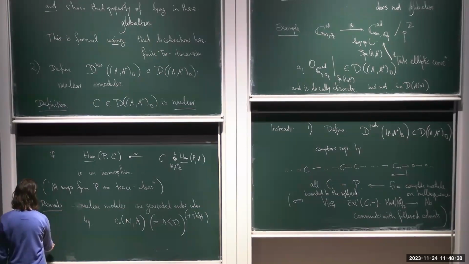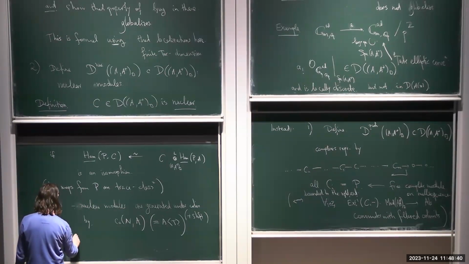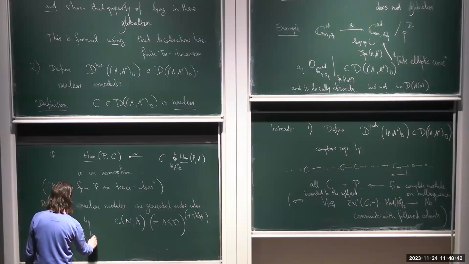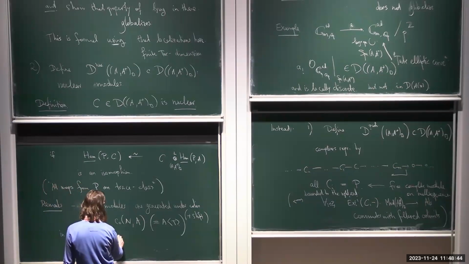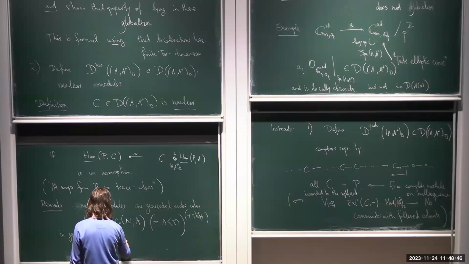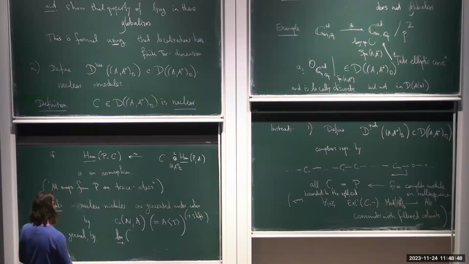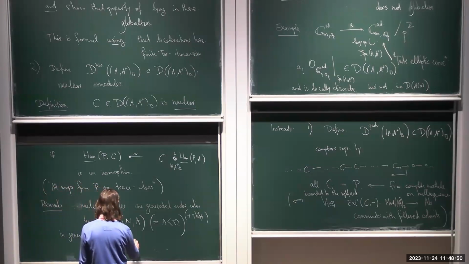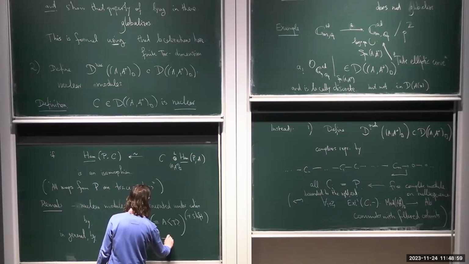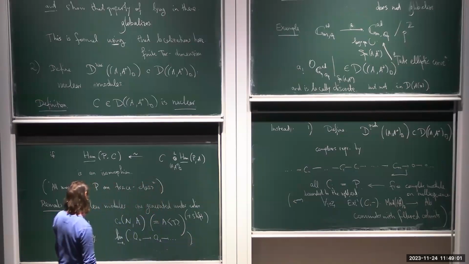So in general, you can generate them by sequential colimits.